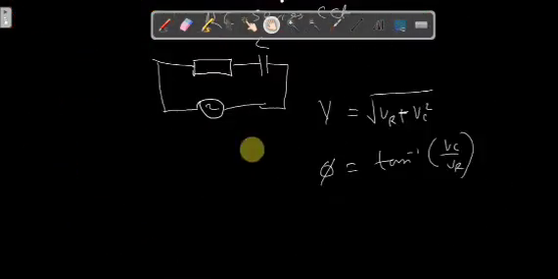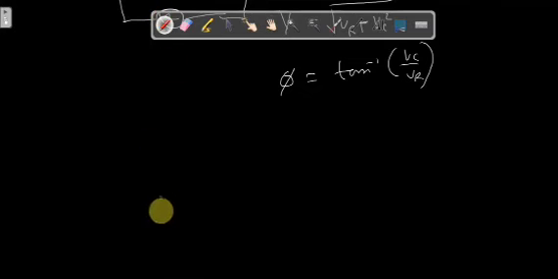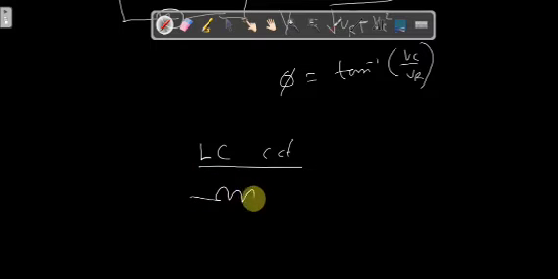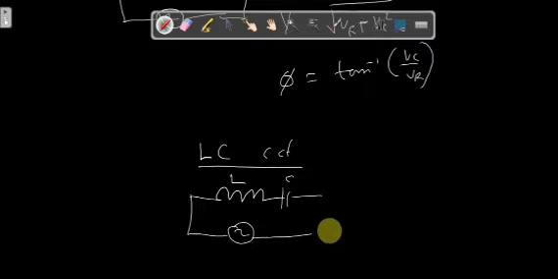Okay, now if it is an LC circuit, it means that we're going to have an inductor and a capacitor only. Then you have the voltage and the frequency.